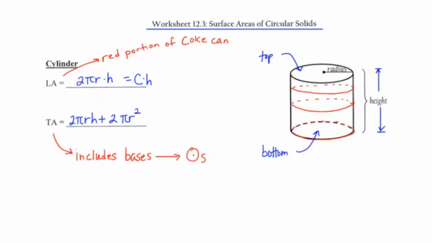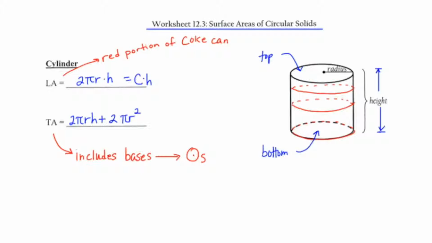So here are the two formulas that you're going to need to find the surface area of a cylinder. The lateral area is 2 pi r h, and the total area is 2 pi r h plus 2 pi r squared. And if you just think about the ideas in this video, then you probably won't even need to memorize the formulas. You can just reason them out.